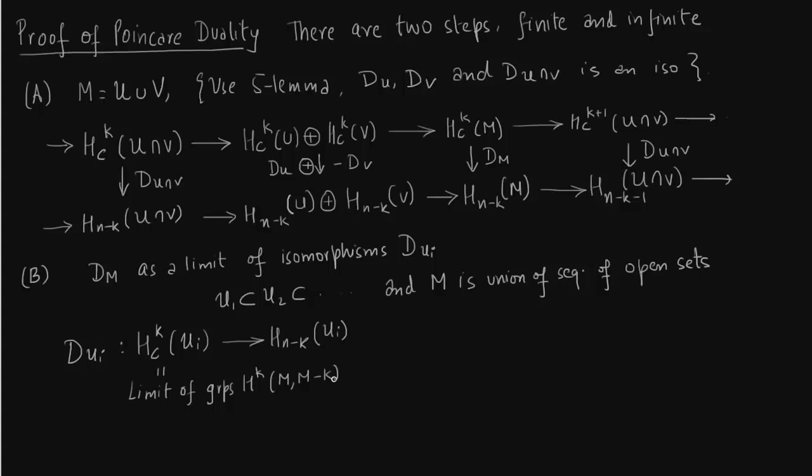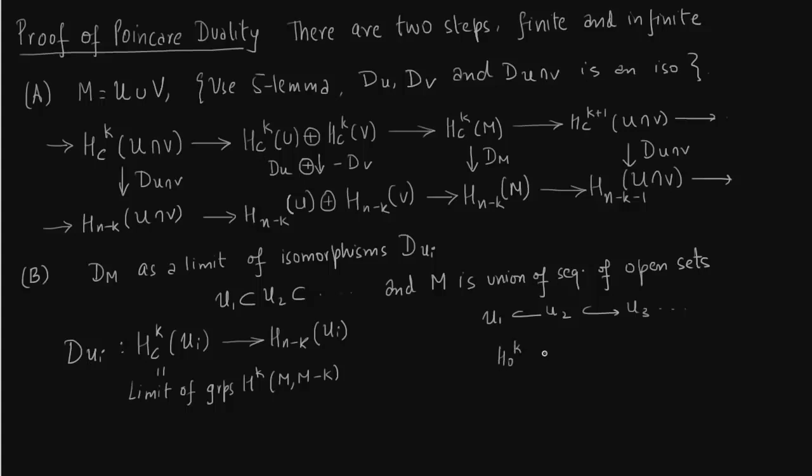Now how does it come about? First thing is excision. From excision you can go from (M, M minus K) to (Ui, Ui minus K). But then you can range K over all the compact sets contained within Ui. So you can end up at (Ui, empty set), and then take the direct limit.